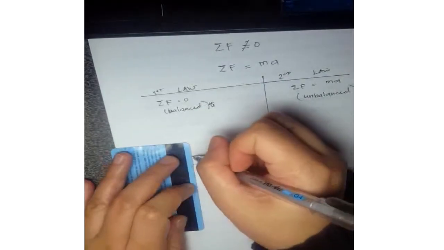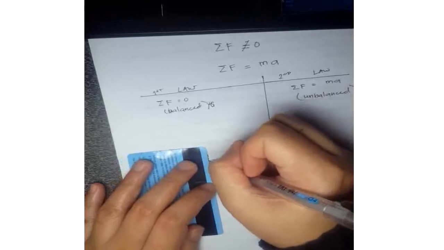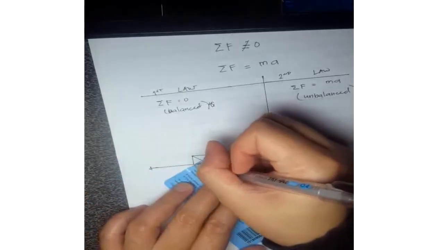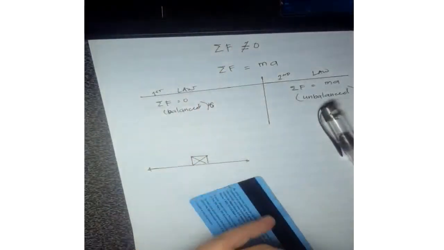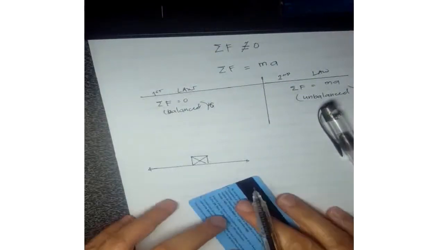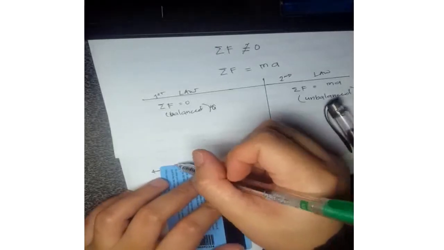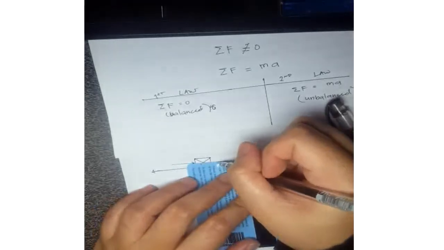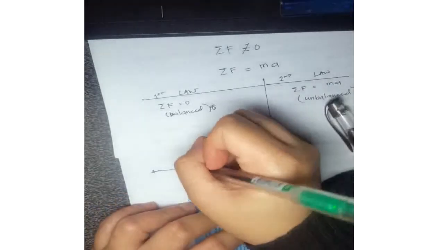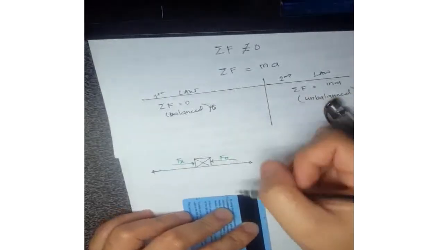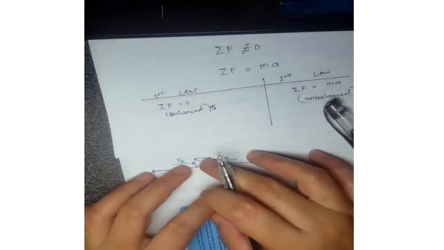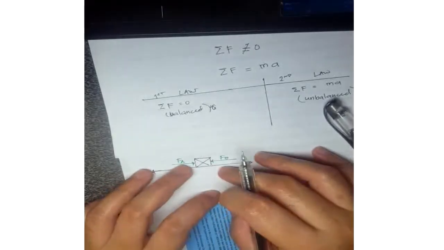So for the first law, let's say there's a box here, there's an object here, and since in the first law the summation of forces is equal to 0, then the forces acting on this object are equal, with the same magnitude and opposite direction. Okay, so there are two forces acting on an object but with the same magnitude.